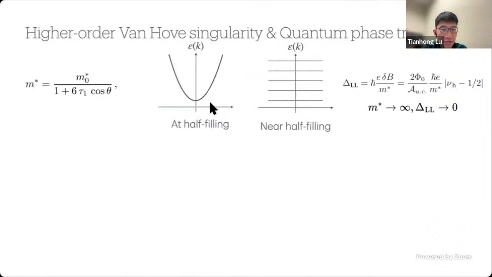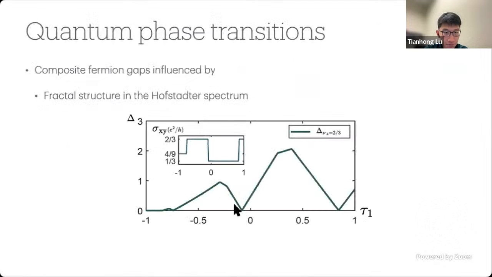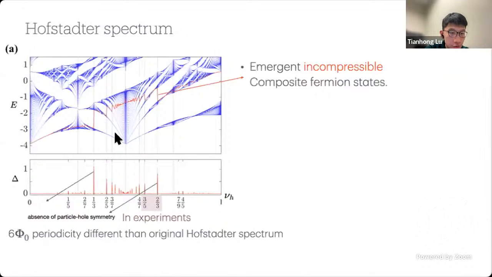You're right. At half filling, we don't get integer filling of composite fermion bands, but this energy splitting will expand to those. Let me show you the spectrum. Looking at half filling, it's not an integer number of composite fermion bands, but we're looking at the structure at the minimum, and this structure is a Landau fan structure.